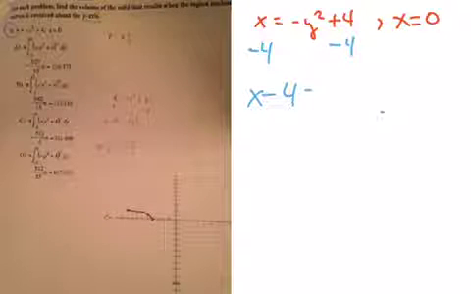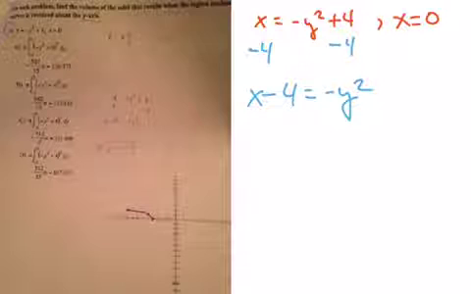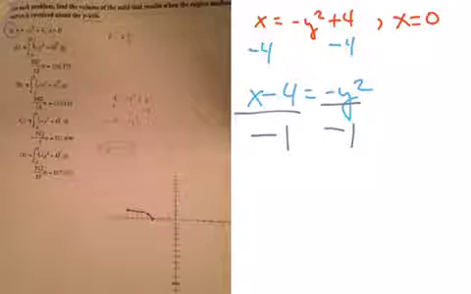So when you see this, because we don't know exactly what negative y squared plus 4 is, I solved this so that I can get, divided by negative 1, we get what?